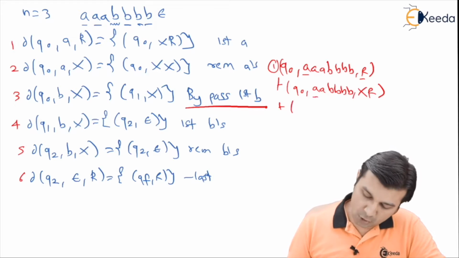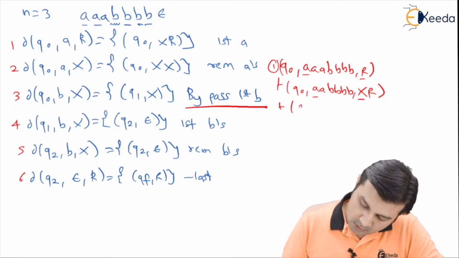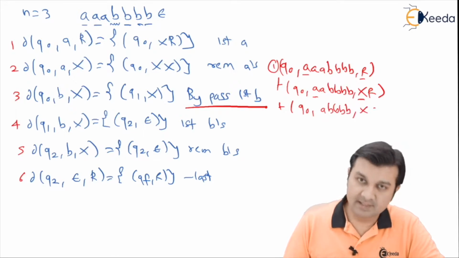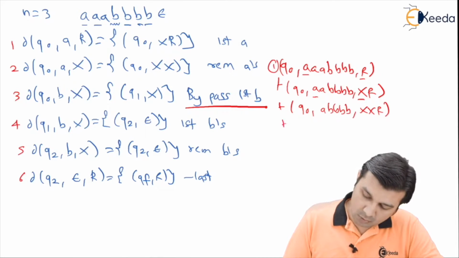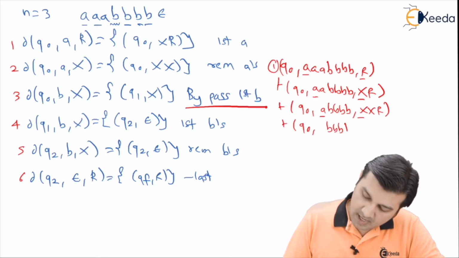q0 on a when the stack top is r. Using rule 2, go to q0, 1 a, 4 b's, xxr. Then I'm in q0 on a, on receiving x, remaining q0, I have bb with me and xxxr.